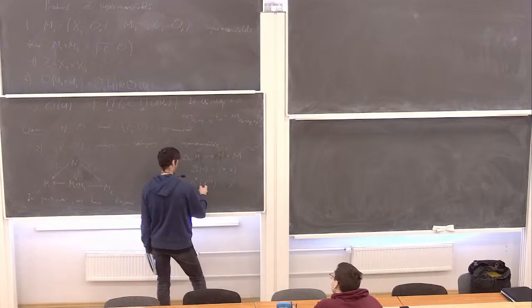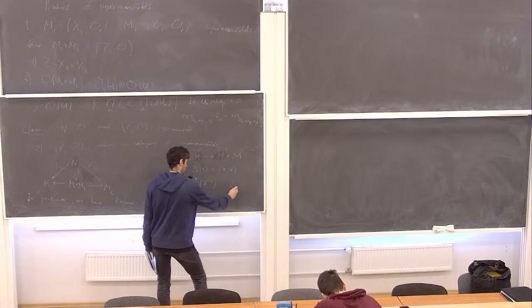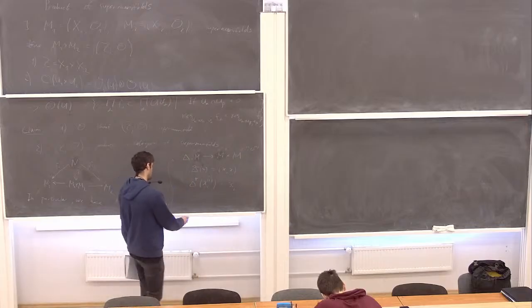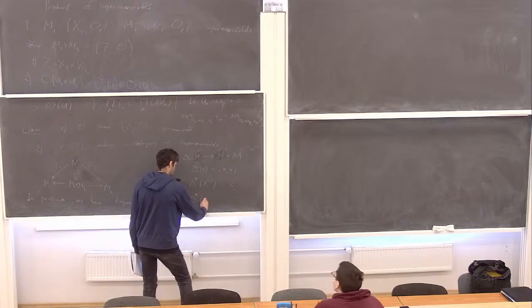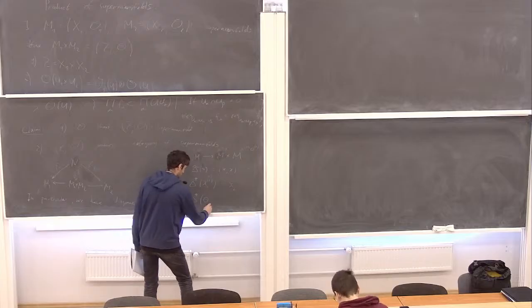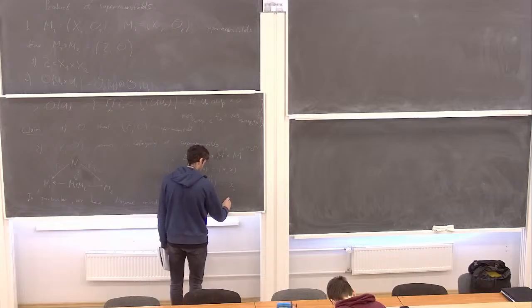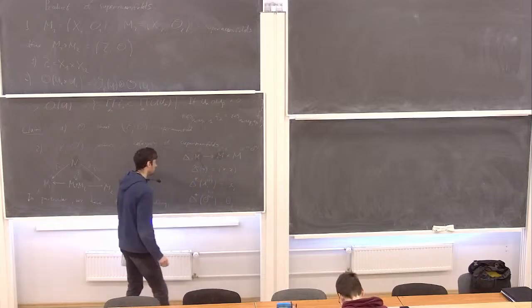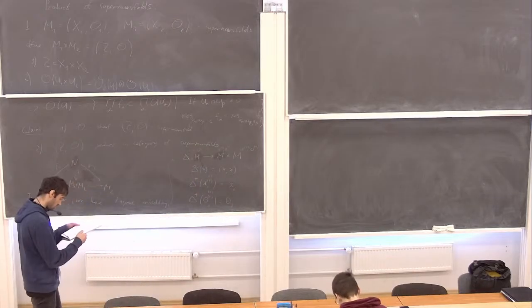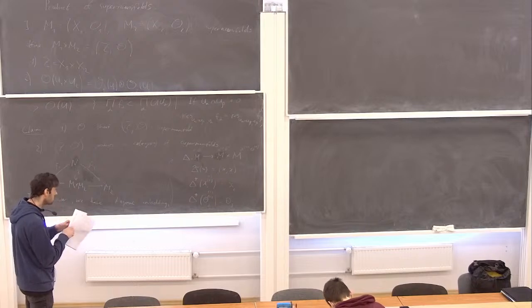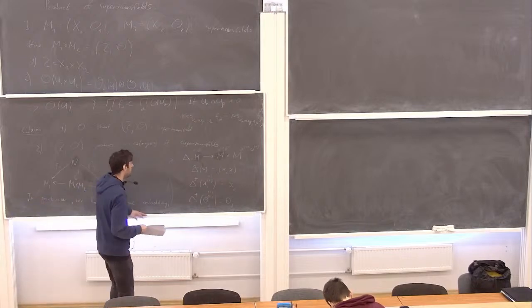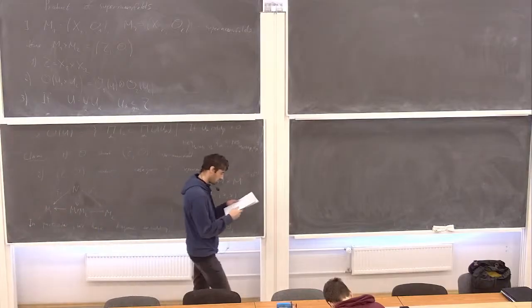Well, there might be some indices. And Δ star of theta j, like 1 or 2, doesn't really matter, is just theta j. Okay, so this is the diagonal. And now once we say this, we can now define what a super Lie group is.